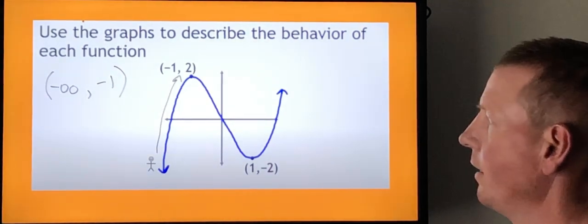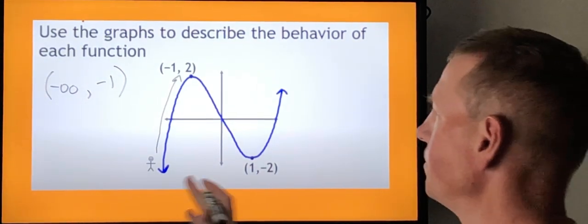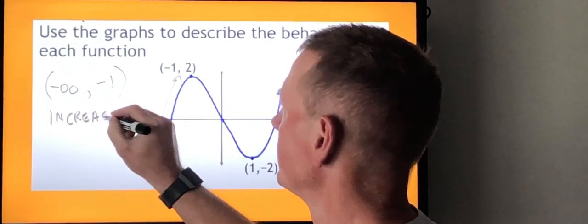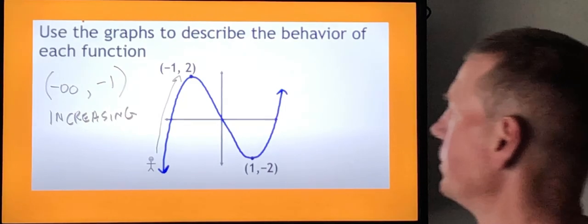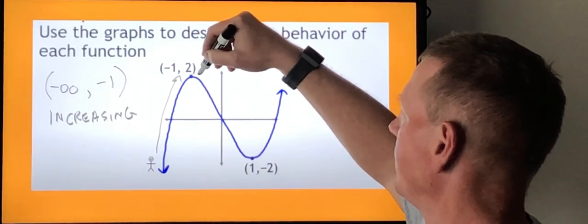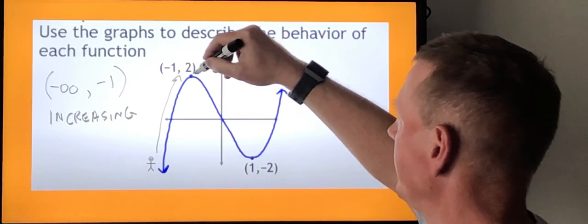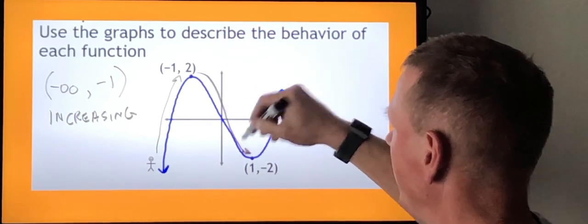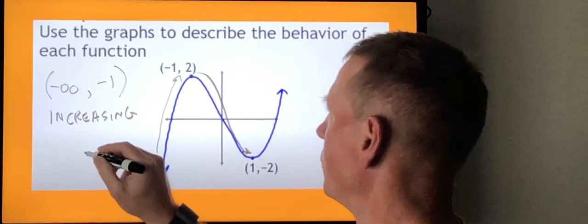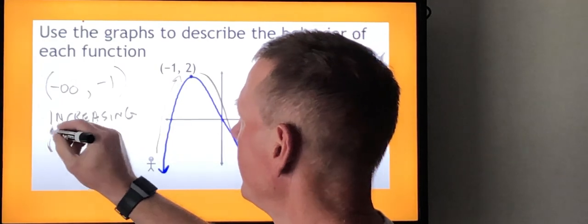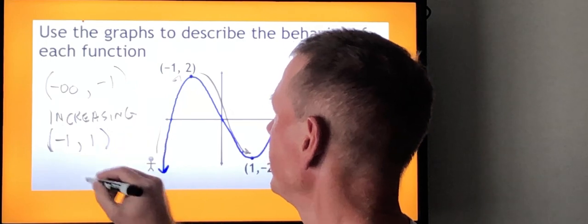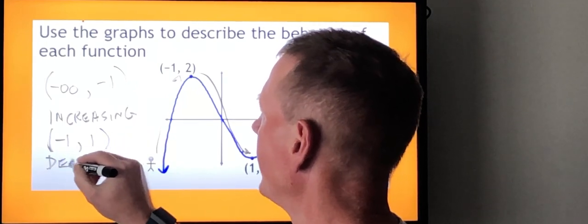And for that interval, we are increasing. All right, now for the interval, once we get to negative 1, from negative 1 down to positive 1, now we have a decreasing interval. So from negative 1 all the way to the x value of positive 1, we are decreasing.